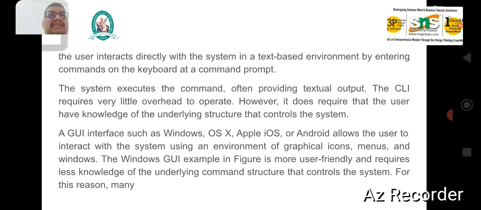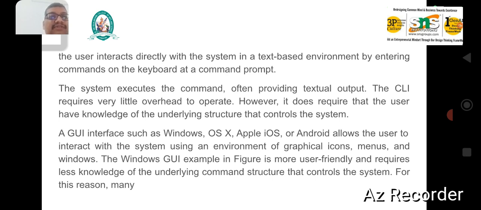The user interacts directly with the system in a text-based environment by entering commands on the keyboard at a command prompt. Command prompt is nothing but the terminal in Linux and CMD in Windows. The system executes the command, often providing textual output. The CLI requires very little overhead to operate. However, it does require that the user have knowledge of the underlying structure that controls the system.